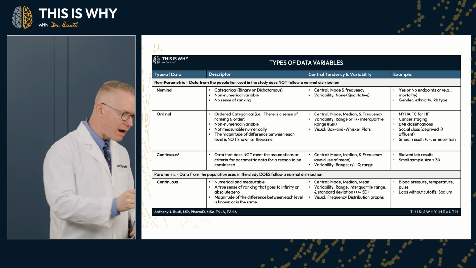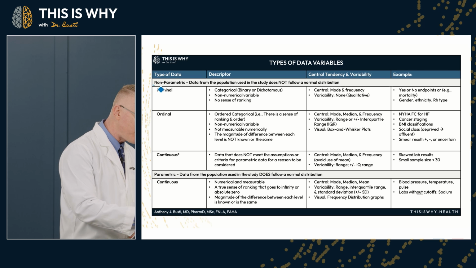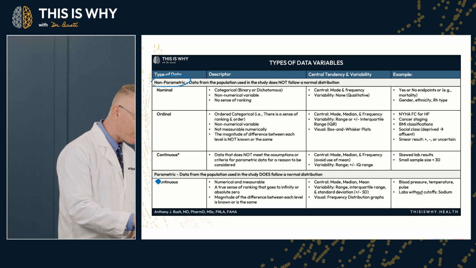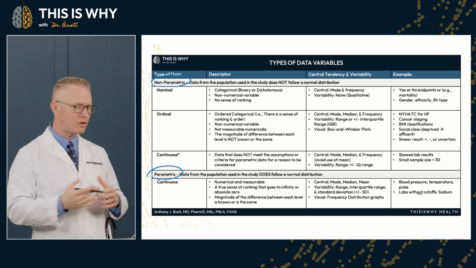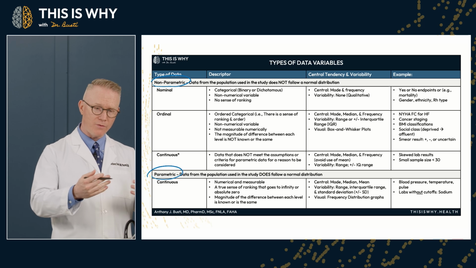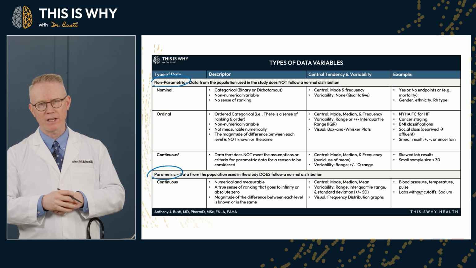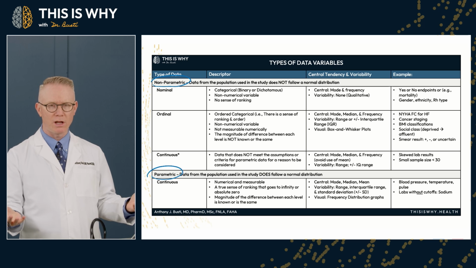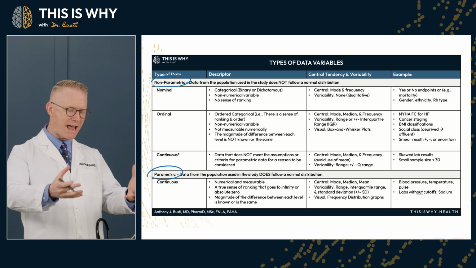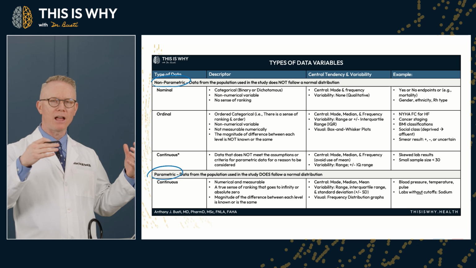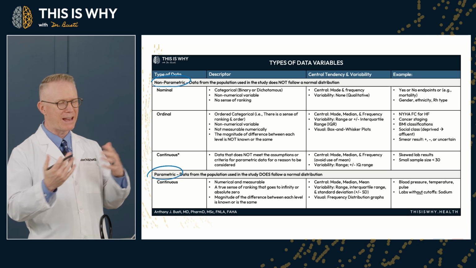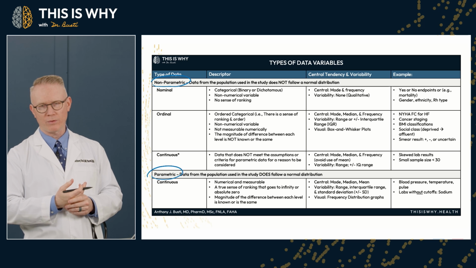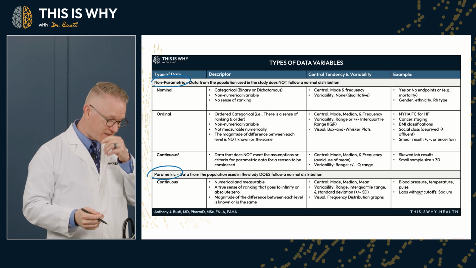So we are in the area of thinking about non-parametric versus parametric, and really that's about the way that data is distributed from the sample that we got. Remember, we're not studying the whole population, so you take a sample out of the population. How is that sample's data interacting with other data points inside the sample, and as it relates to what we think is the population mean, okay?